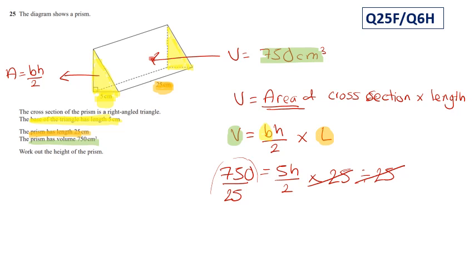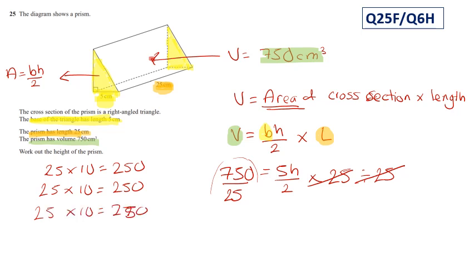I know that 10 lots of 25 is 250, and if I add another 10 lots of 25, I have another 250, and a third lot of 25 will give me 250. So that means 3 lots of 250 is 750.